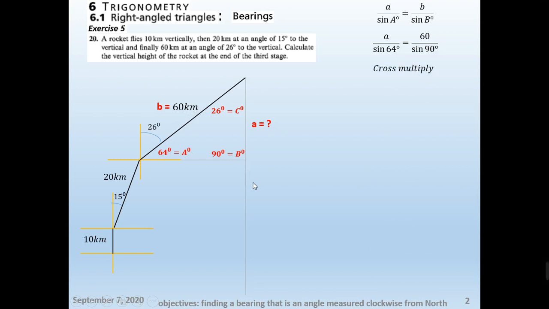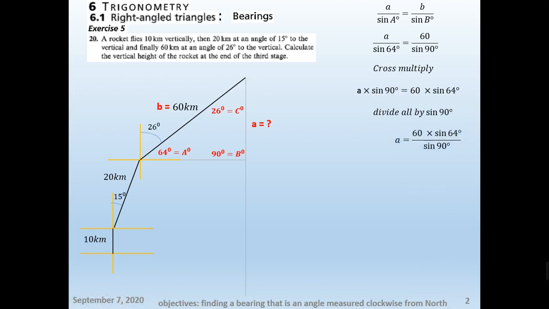Let's cross multiply. So when we cross multiply, A times sine 90 is equal to 60 times sine 64. We're solving for A. So we're going to get rid of sine 90 by dividing all by sine 90.